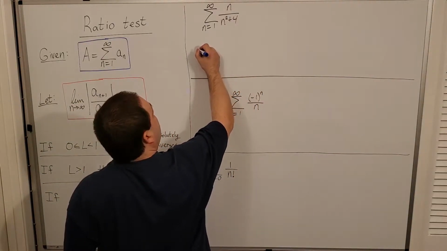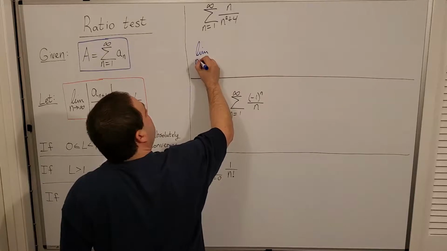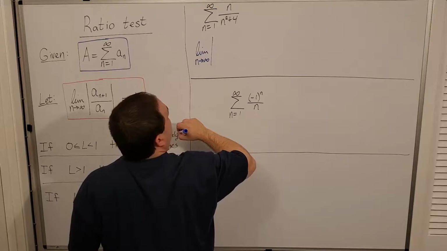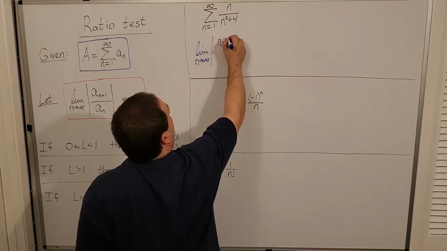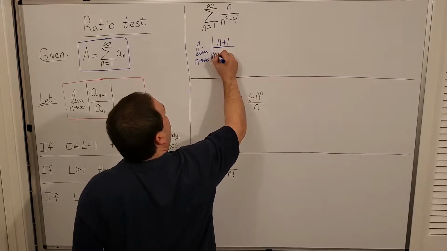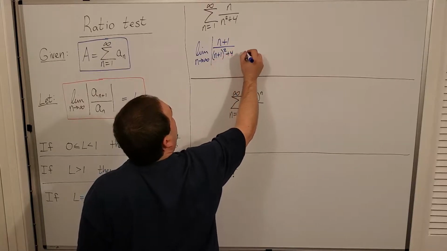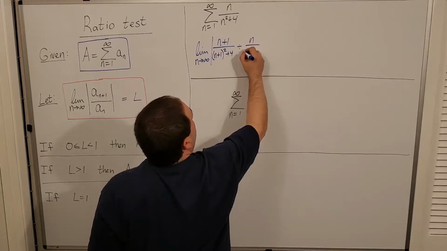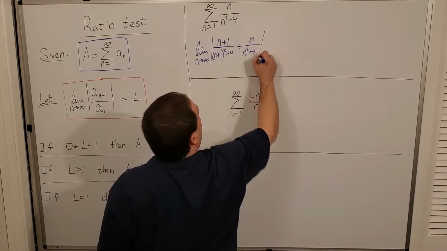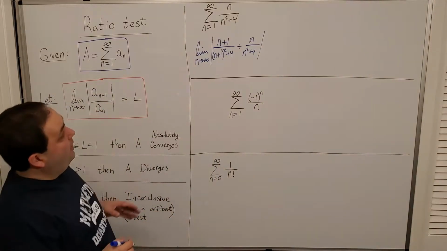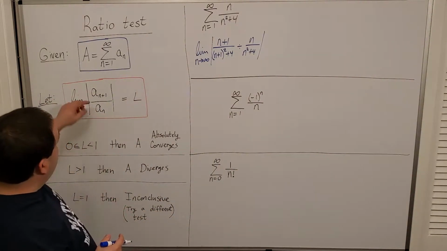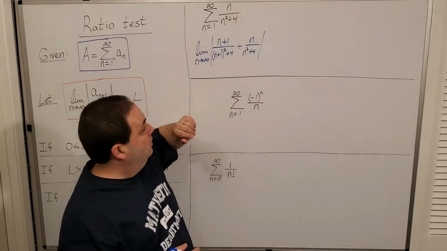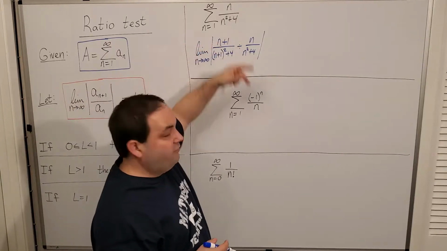So I'm going to say, what's the limit as n goes to infinity of the absolute value of n plus 1 over n plus 1 squared plus 4 divided by n over n squared plus 4? Okay? Now, the way we had this one already in a fraction, notice it was easier to set up this ratio as a horizontal division, because then I'm going to flip and multiply.